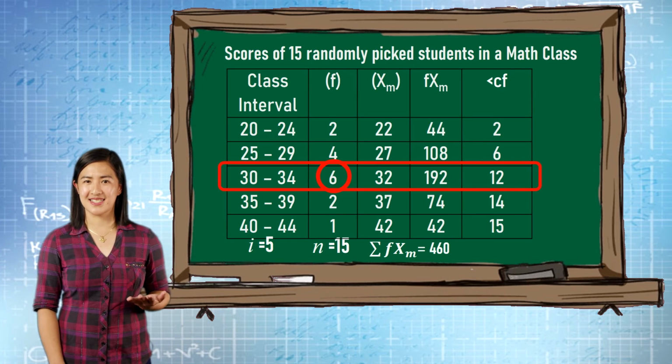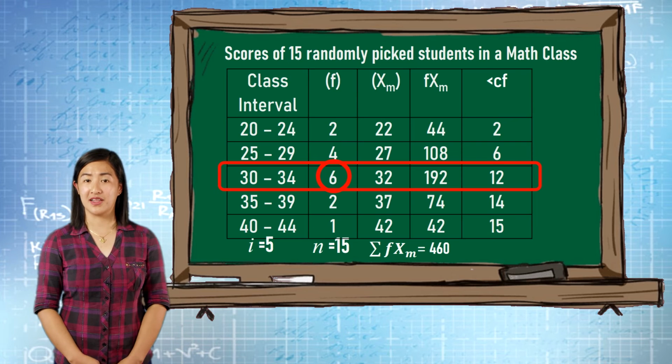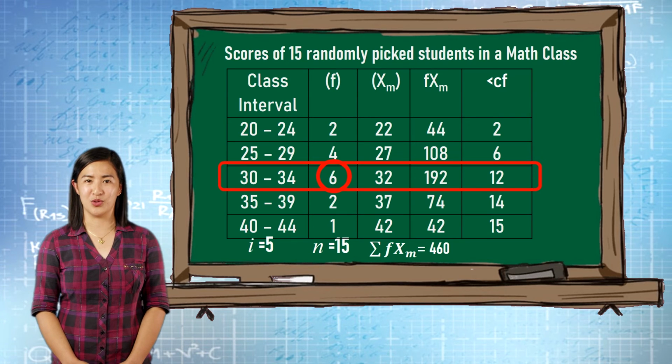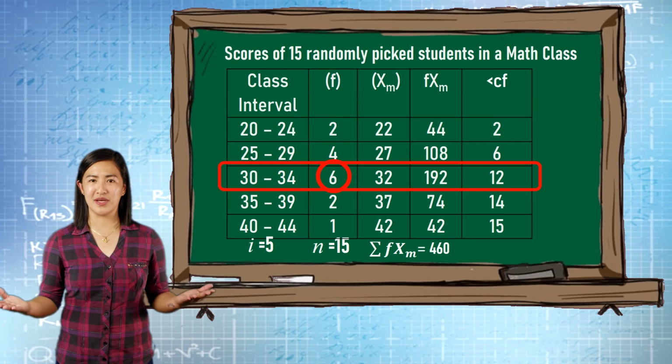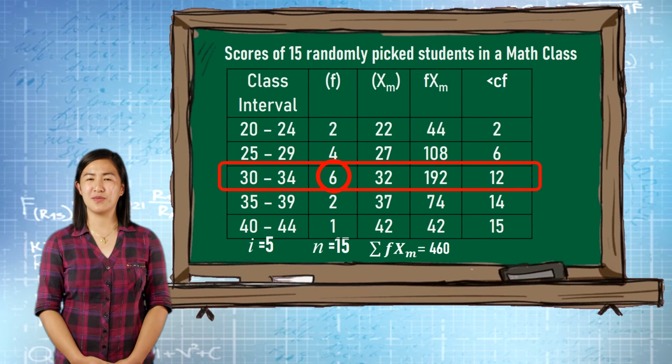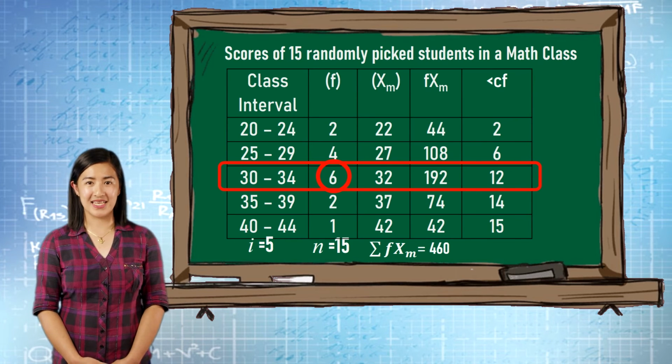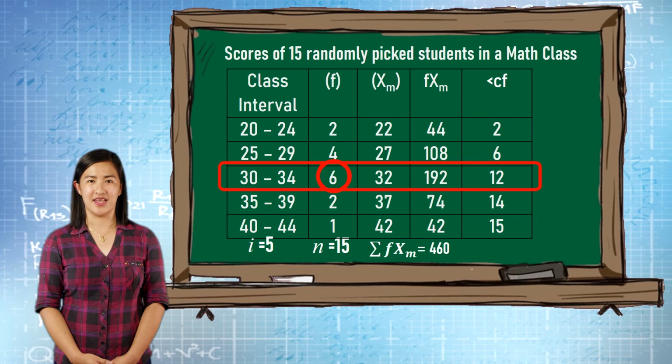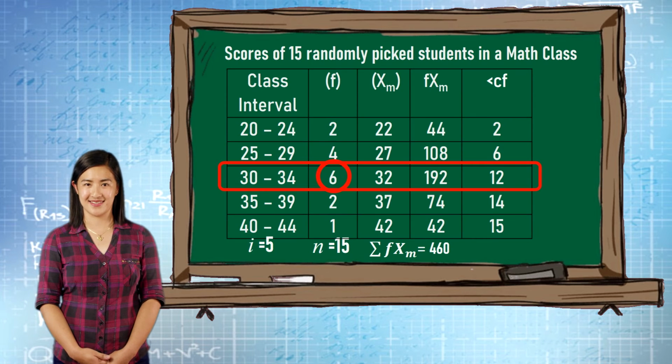Then the modal class is the class with interval 30 to 34. It so happened that the median class is the same as the modal class, but it is not always the case. There are some frequency tables that the modal class is different from the median class.